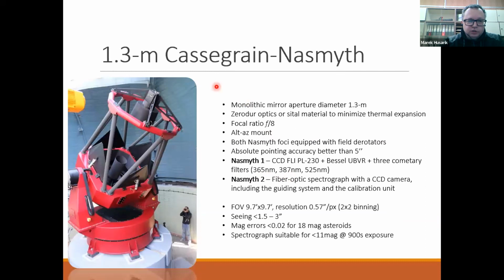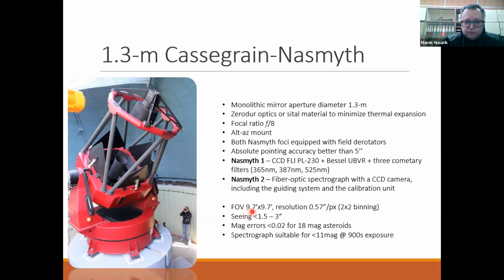The other, larger telescope is a 1.3 meter Cassegrain with two Nasmyth foci. In the first focus is the CCD camera, and in the second focus is the spectrograph with a CCD camera.